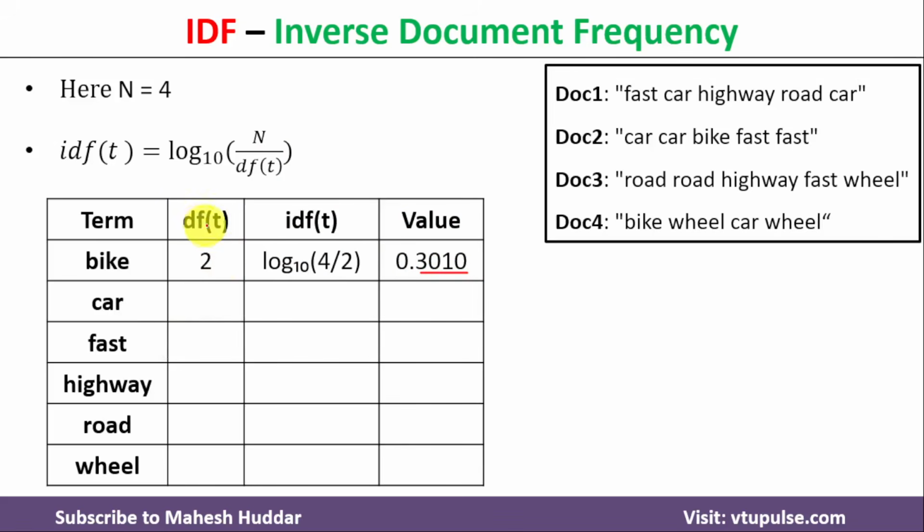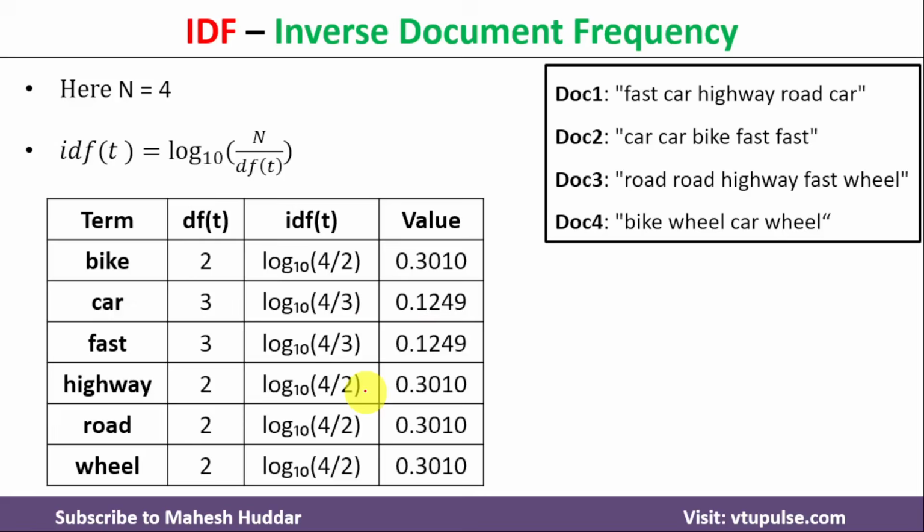Next I will find the df of t with respect to car. Car is present in document 1, document 2 and document 4, so df of t with respect to car is 3. So we will get the IDF of t as 0.1249. Similarly, I will find the IDF of t for the remaining terms.